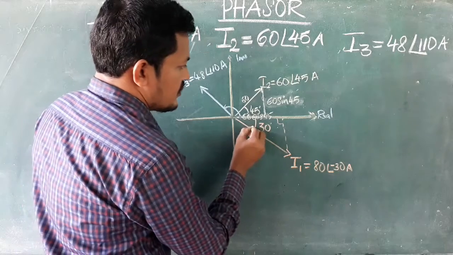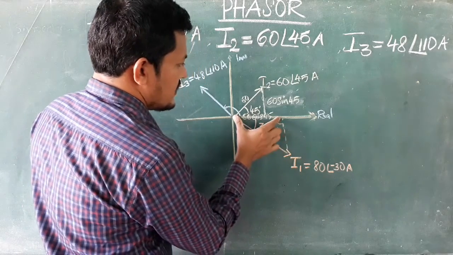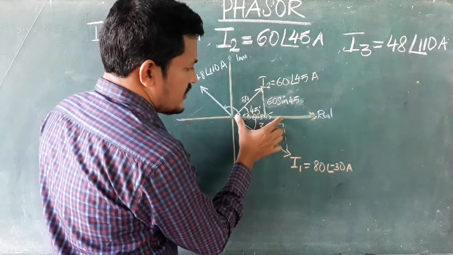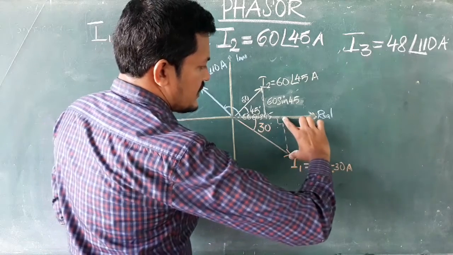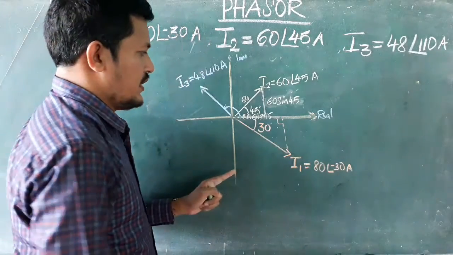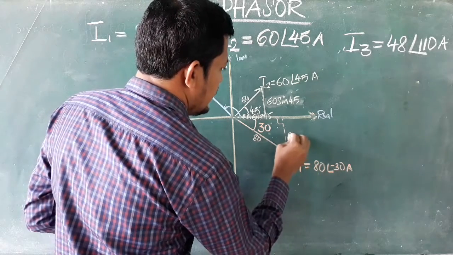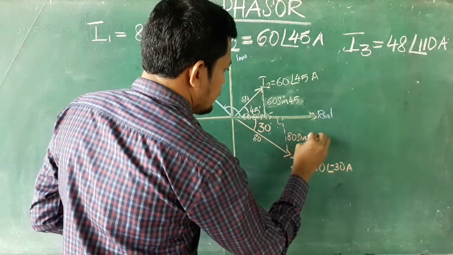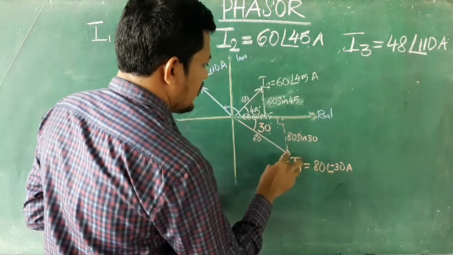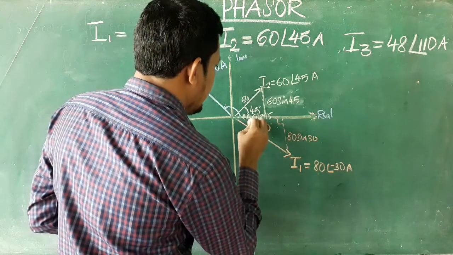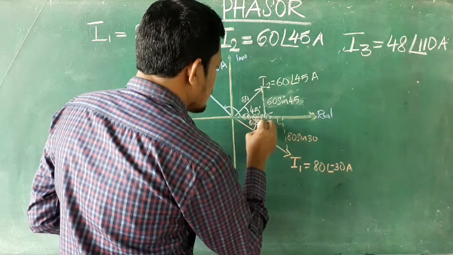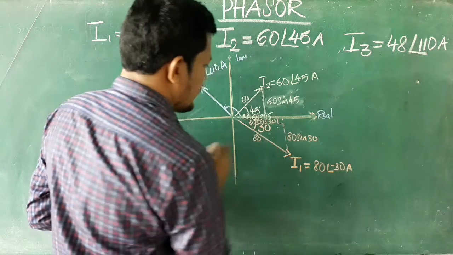So this is the angle, this is the opposite side, this is the adjacent side. So the adjacent side is the cos component and the opposite side is the sine component. Its magnitude is 80. So 80 sine 30 is the sine component, and 80 cos 30 is the cos component.